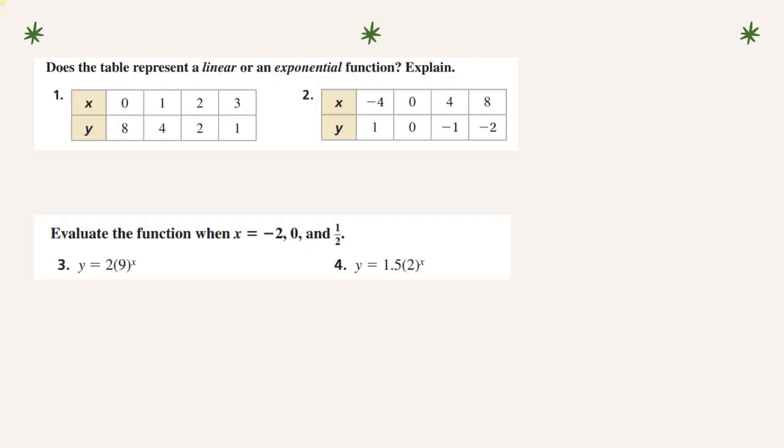Linear or exponential function? We know that between 0 and 1, x is increasing by 1, and 1 and 2, it's increasing by 1. What's happening to my y? I know that this is 8 to 4. It's actually decreasing, right? It decreases by minus 4, but then this is a minus 2, and this is a minus 1, right?